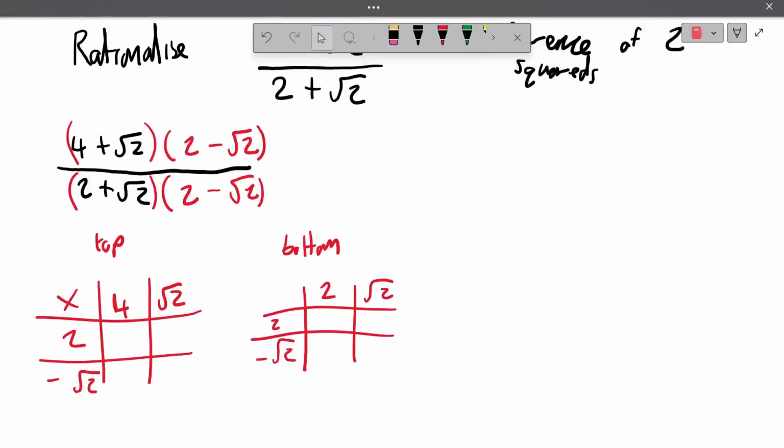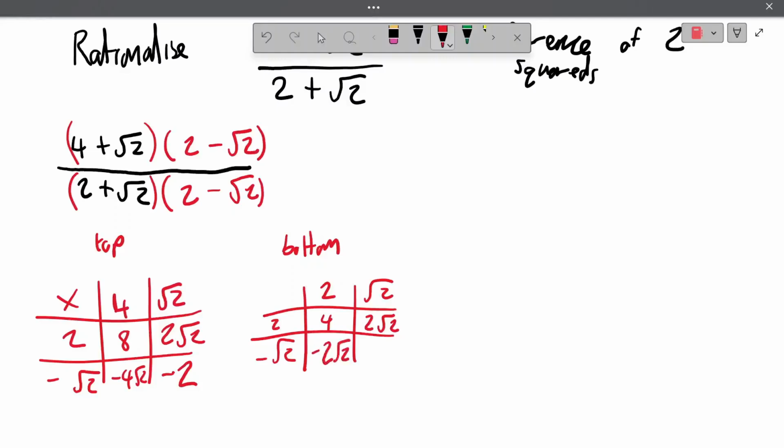So here we go, 4 times 2 is 8. 4 times root 2 is 4 root 2. 2 times minus root 2 is minus 2 root 2. And root 2 times minus root 2 is minus 2. So at the bottom, we have 2 times 2 is 4. 2 times root 2 is 2 root 2. 2 times minus root 2 is minus 2 root 2.